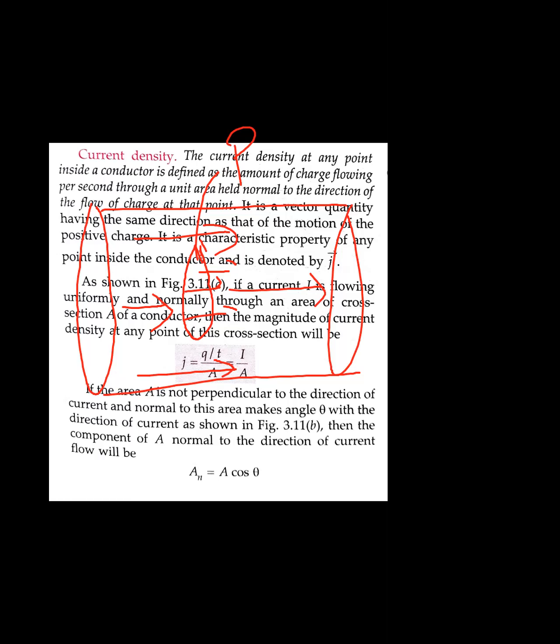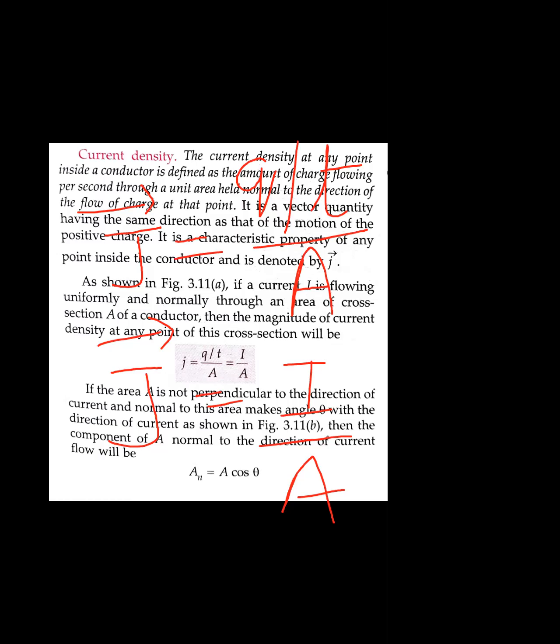This was the case when the cross section and the direction of the current are perpendicular. So the current density will be given by J, and as we said, it is charge flowing per unit time upon area. So J equals I by A, where A is the area of the cross section through which we are calculating the current.